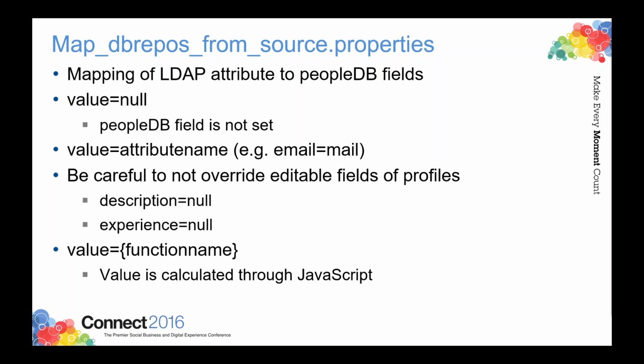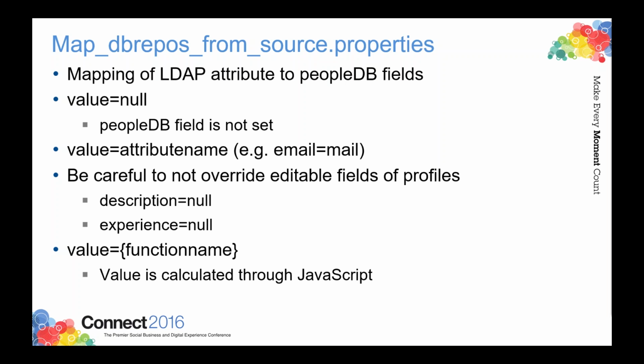Be careful with some of the fields, because most of your profile fields can be changed within Connections. So when you go to edit profile, your users can change maybe their description, their about field, or a telephone number. And when you map these fields, and TDI starts, the value of the user is overwritten.